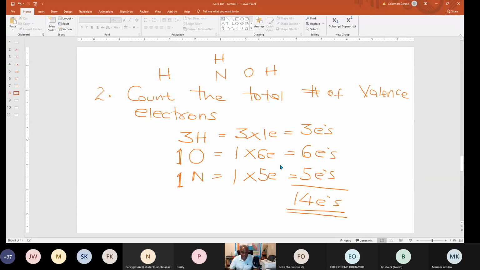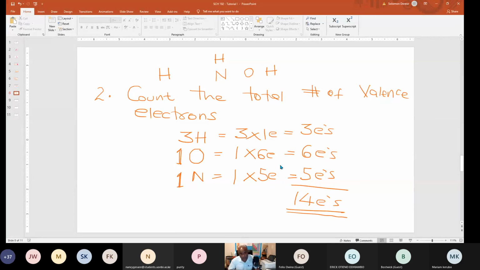And these are the ones that are going to be used in forming a bond between the 3 hydrogens, the nitrogen and the oxygen. You will distribute these electrons to these elements.